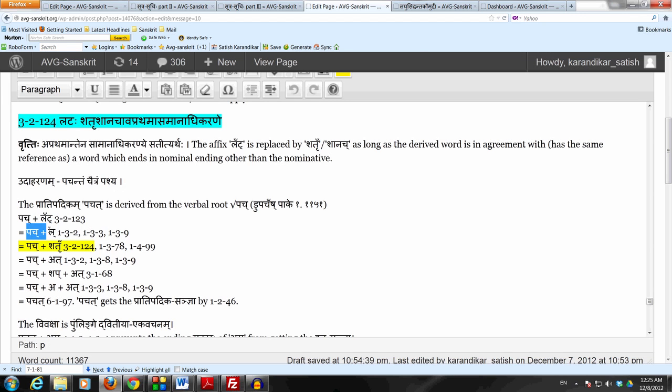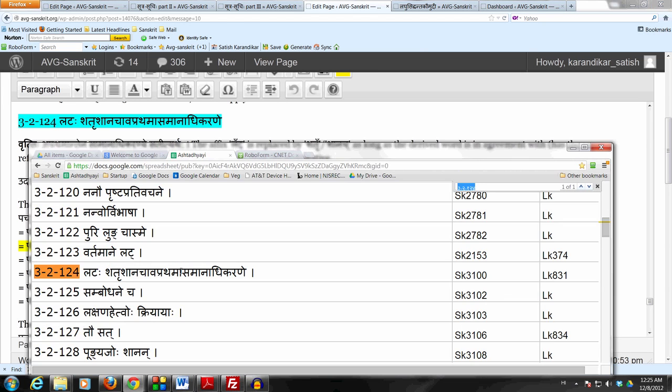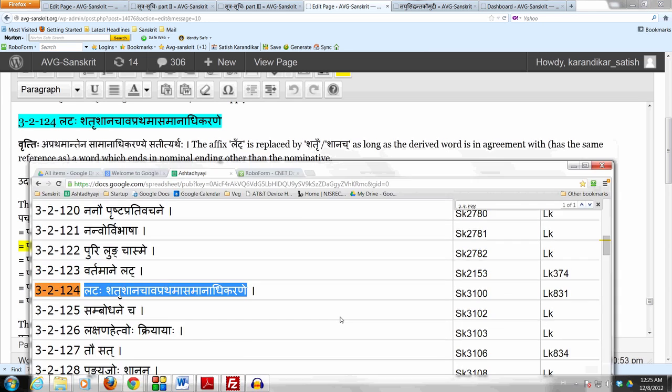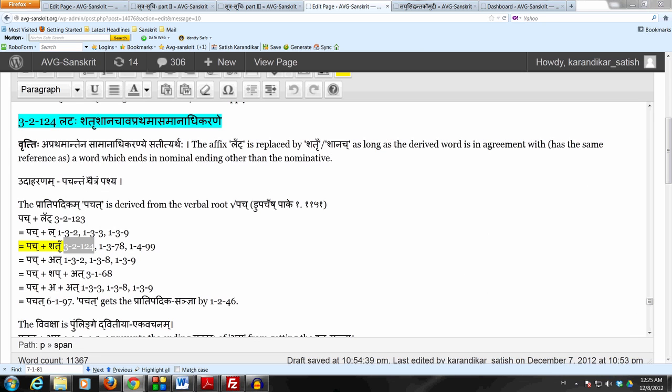Now at this point, instead of bringing tip, tas, jhi, etc. by 3.4.78, we form a participle by using 3.2.124, latashatrishana chava prathama samanadhikarane. Because we know that it's going to be qualifying chaitram, which is not ending in the nominative case. So therefore we are allowed to use a participle form.